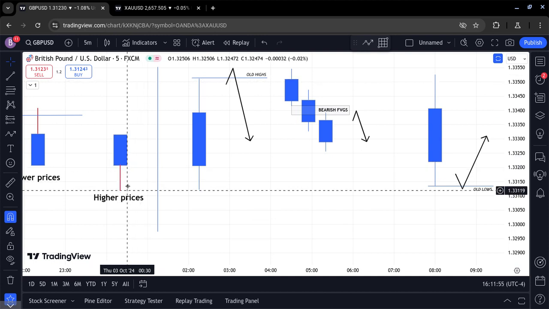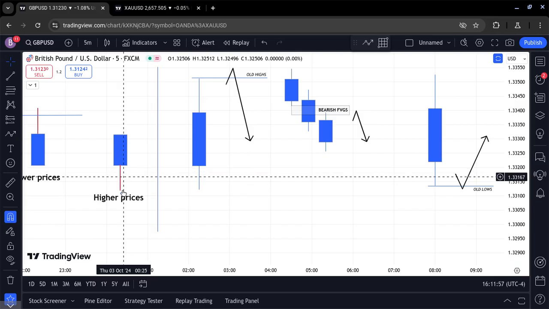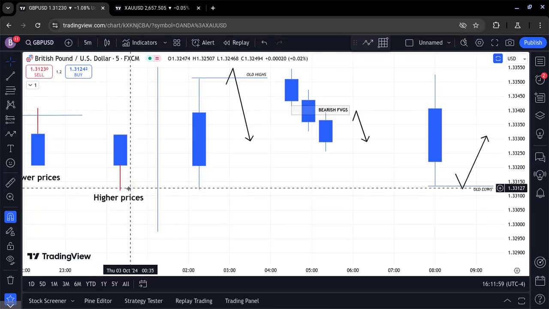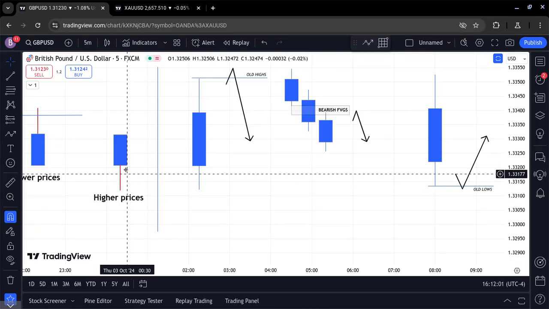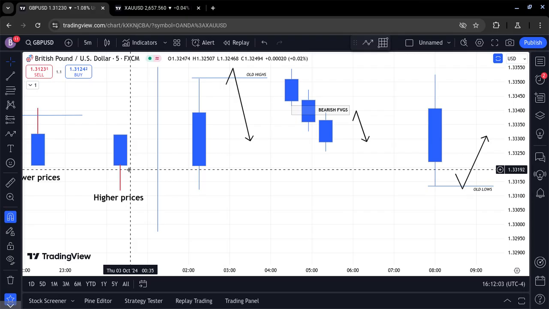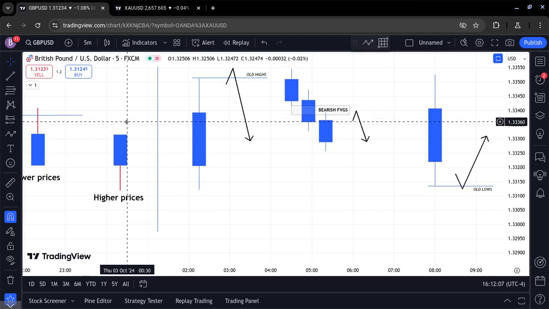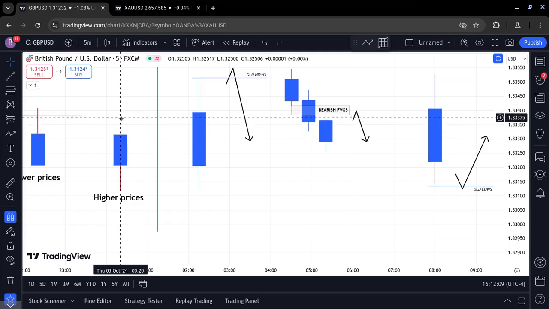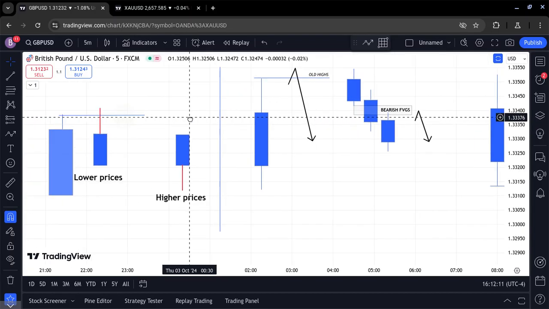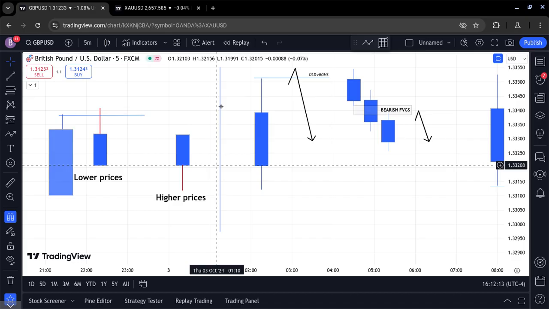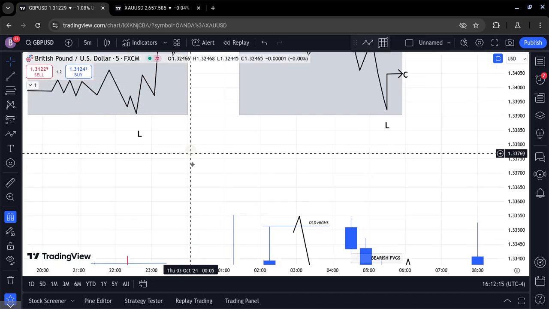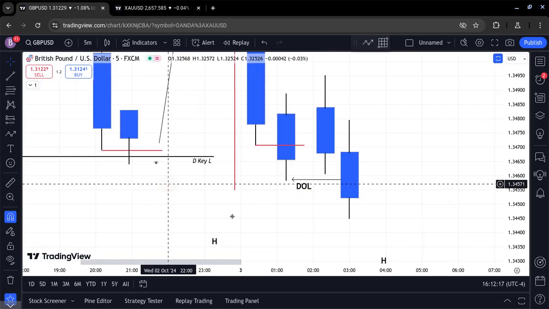The idea is lower prices with this wick below. Once we have this candle like this, the idea is the next candle is going to hunt for the highs above this candle. That's it. That's the whole scenario.